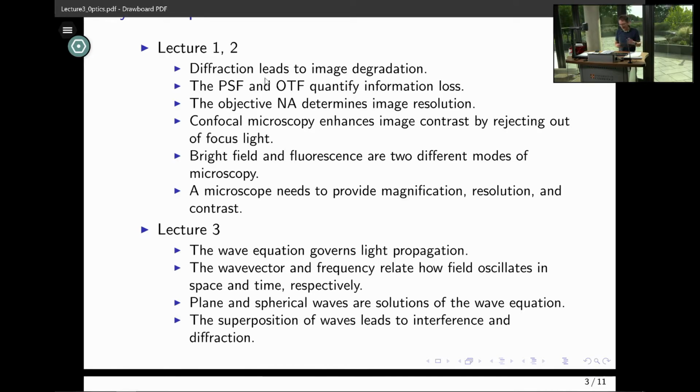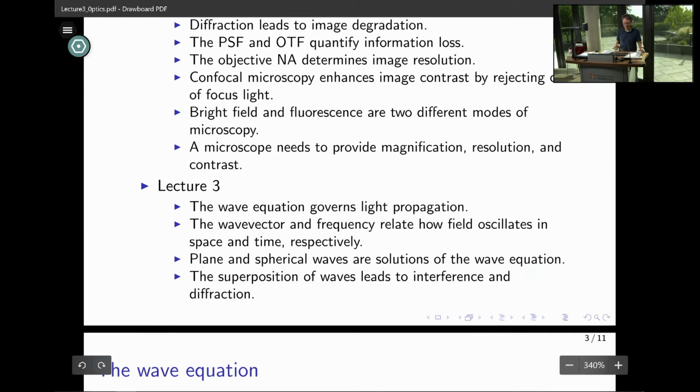And finally, of course, we've mentioned this, you need to provide magnification, resolution, and contrast to get good images. So that's the key to the course.